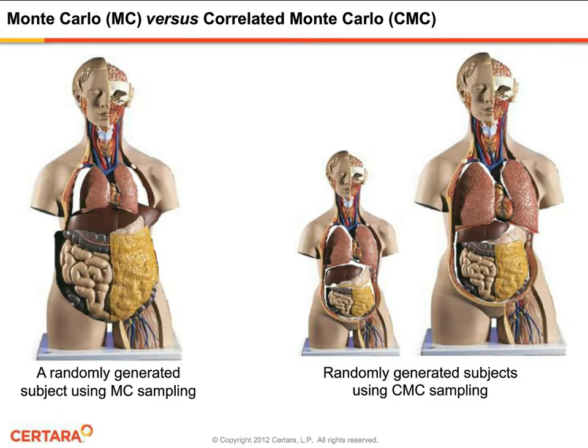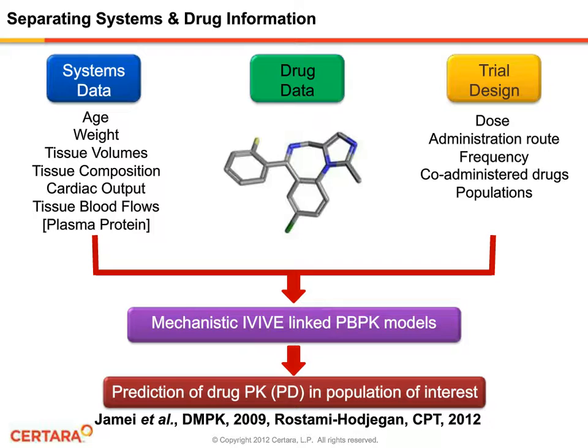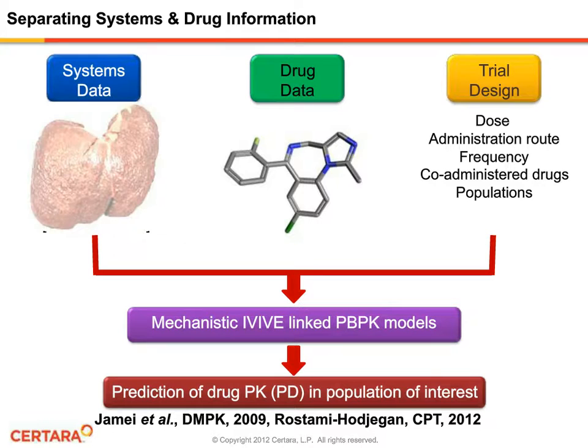So now that I've given you a bit of the background, what I wanted to show you is to go back to this slide where we're talking about the systems data. So you've incorporated your drug data and then simulated that out, and perhaps got some PK data in healthy volunteers. But now what happens if you want to project that to exposure in a cirrhotic population?